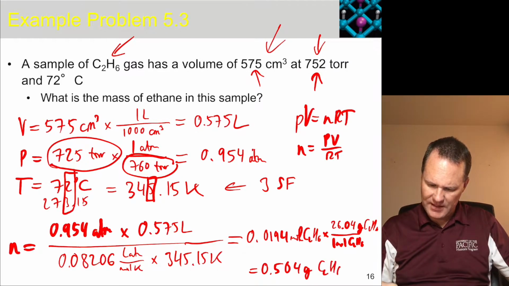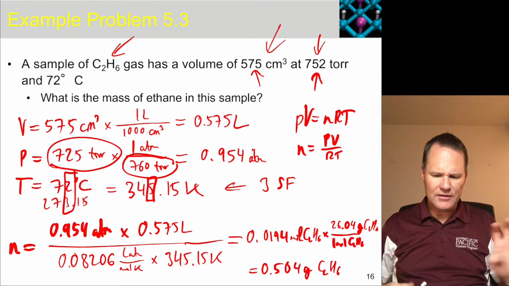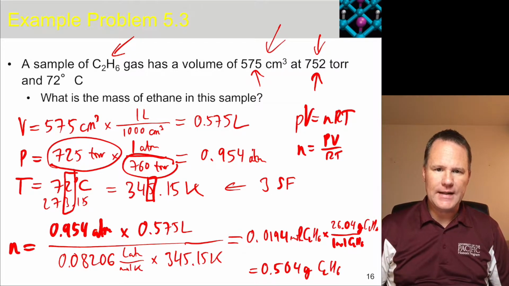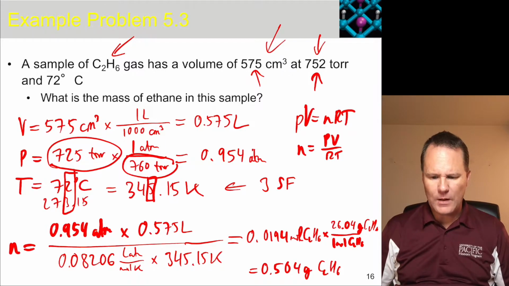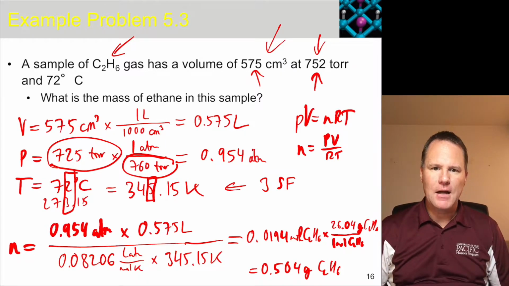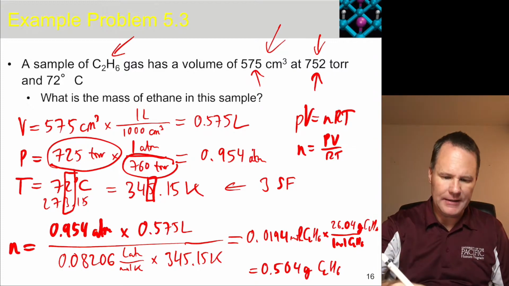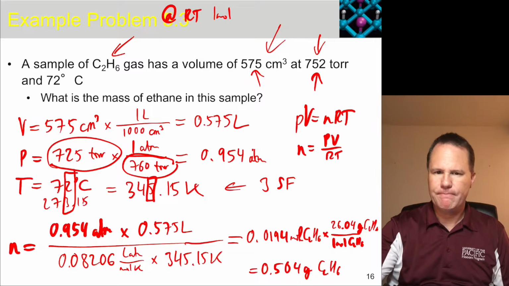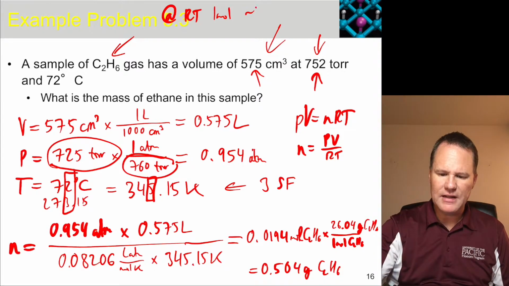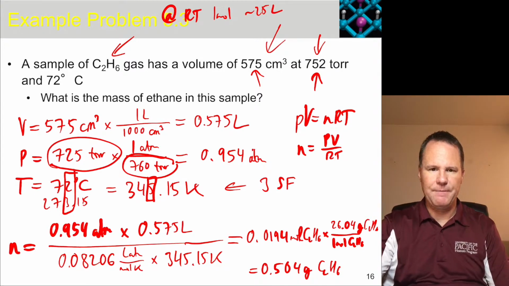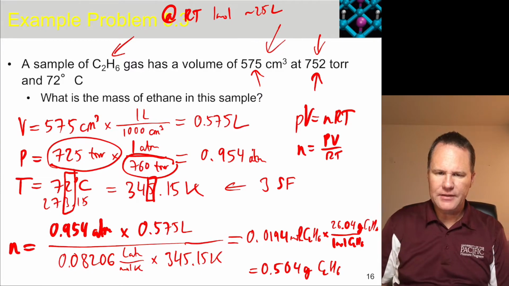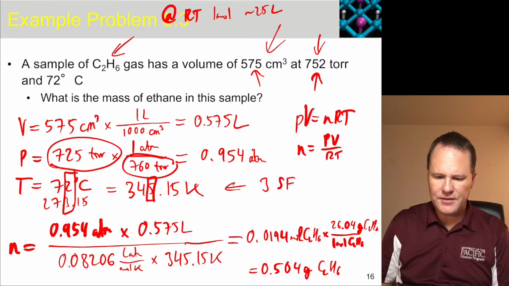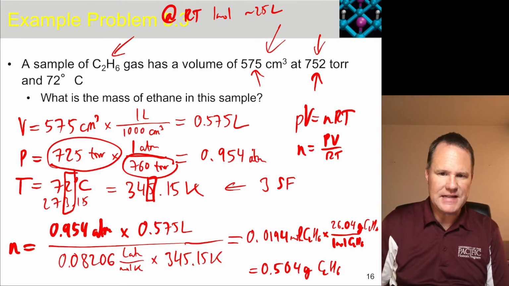grams of C2H6. And let's just do a little check here, okay? We're not there yet, at least, but let me just tell you that roughly at room temperature, 1 mole will occupy at atmospheric pressure roughly 25 liters. Okay, so let's see. We have instead of 25 liters, we have about half a liter, so it's 50 times less.